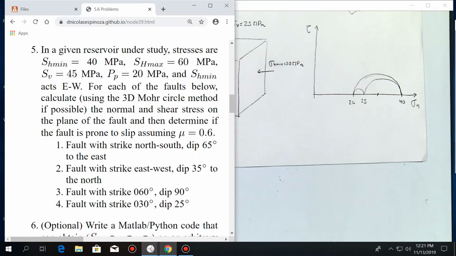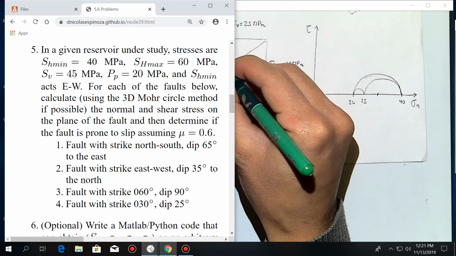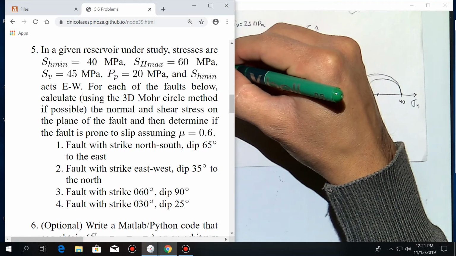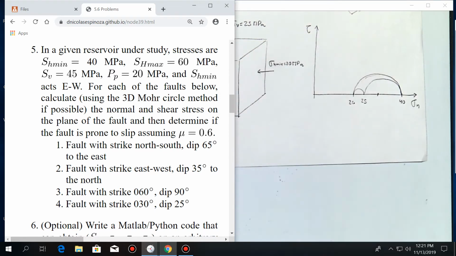And let's go to the first fault. The first fault strikes north-south and dips 60 degrees to the east. So something like north-south, 60 degrees to the east.